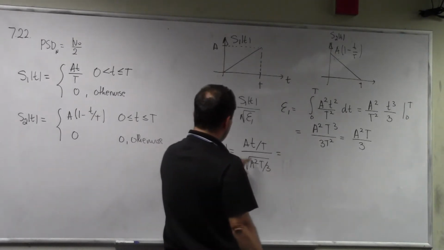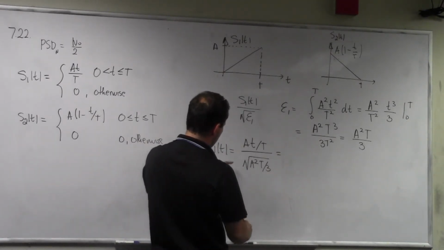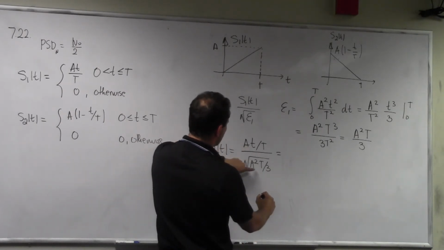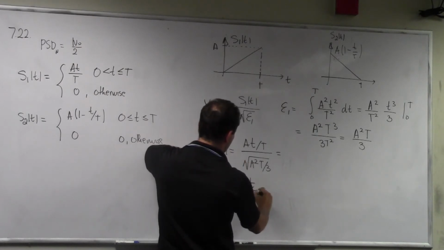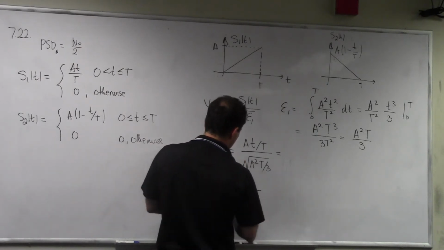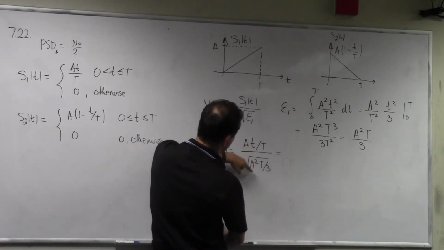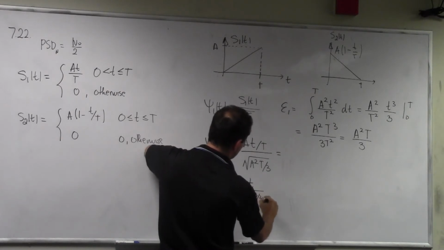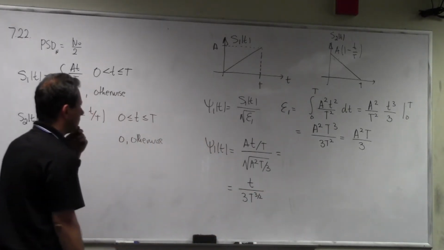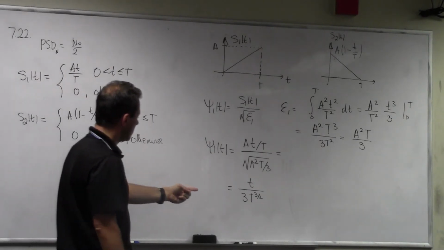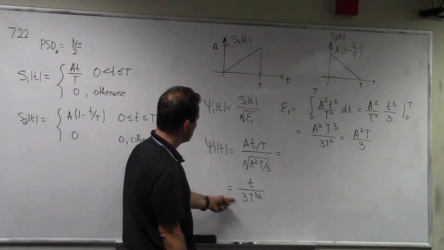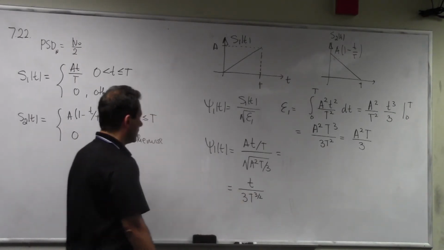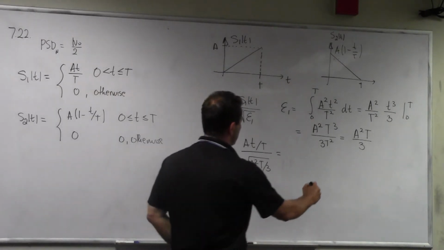So A and A cancel, and we end up with t over T to the 3 over 2 times square root of 3. That makes sense. If I square this and integrate from 0 to T, I get 1. Okay, so that's my psi 1 of t.